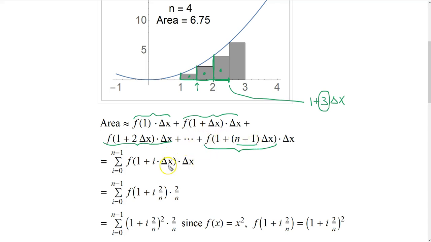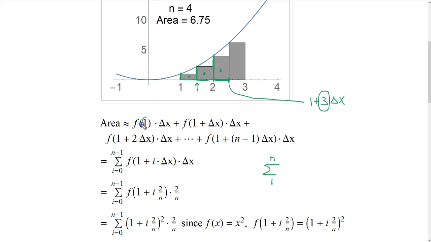Now let's turn this into a summation formula, and this will look exactly like the summation formula we had before, except for our previous summation formula, we went from 1 to n. Instead of going from 1 to n, you notice we're going to go from 0 to n minus 1. And if you look at this formula right here, you can see that.